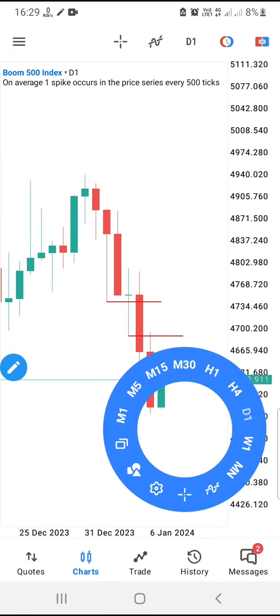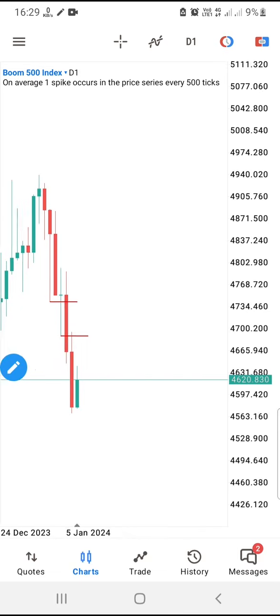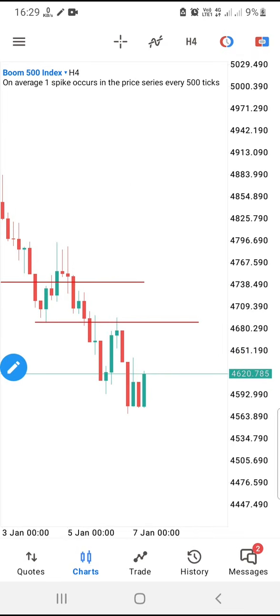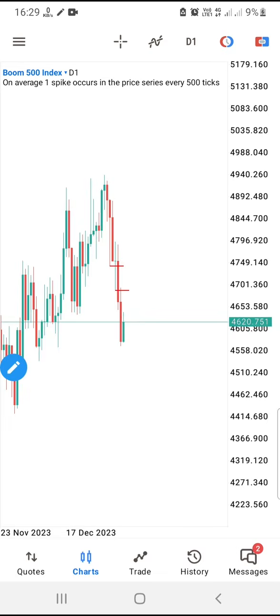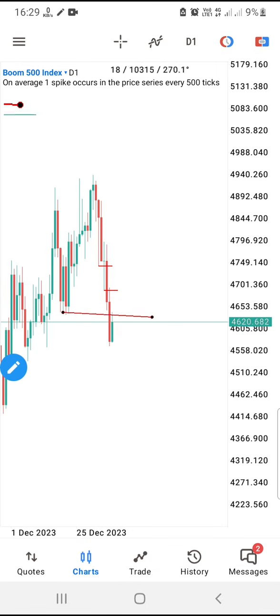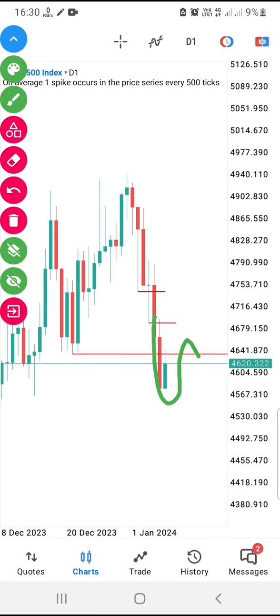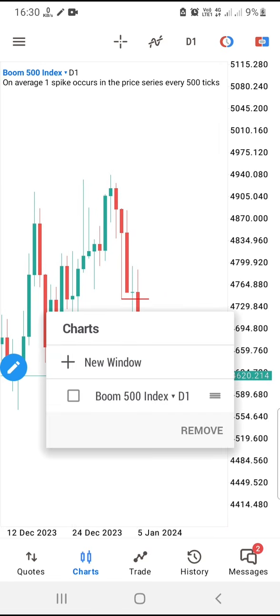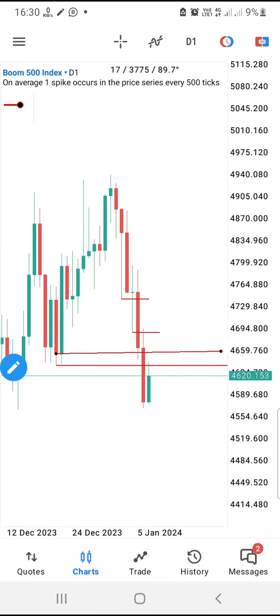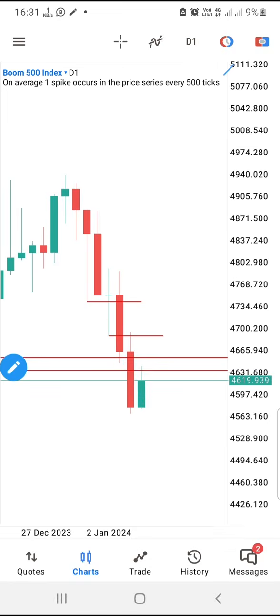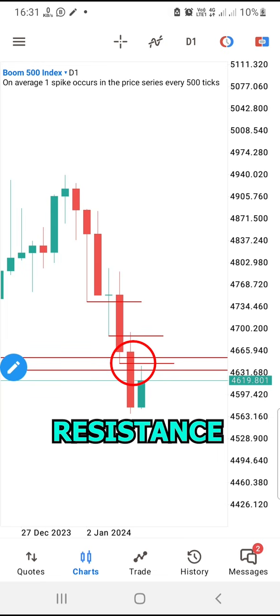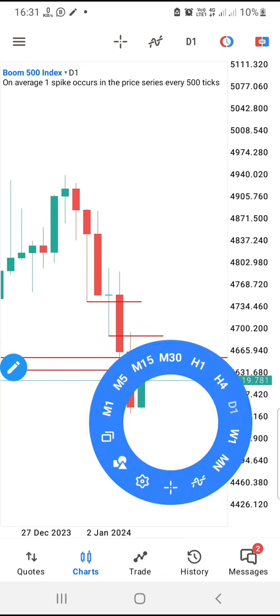And if you move to the daily time frame, you can see that there is that immediate rebalance. In that immediate rebalance, it propelled price to move further down. And if you check on the left side, you can see there's a low right there, and that low has been broken. So it's a break of structure in that low. Now what we expect price to do is to retrace up and then continue moving down. We want it to retrace back up to hit the breaker block, which is that resistance.